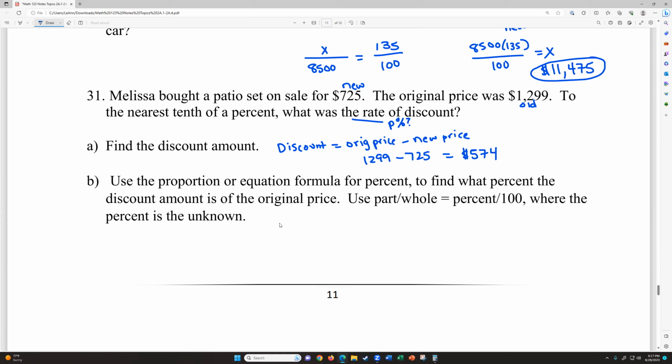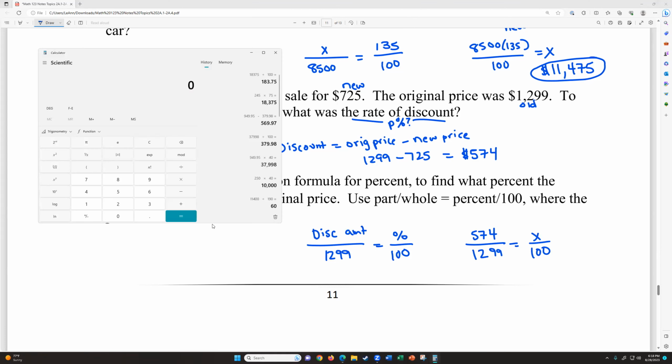Okay. Now we can either do a percent equation or the proportions to solve for what was the rate of discount. So we can take our discount amount, because we want to know what percentage that is out of the old price. And that's going to be our percent out of 100. So we needed this discount amount to go on the top there so we could solve for our percentage. So 574 out of 1299 equals what out of 100?